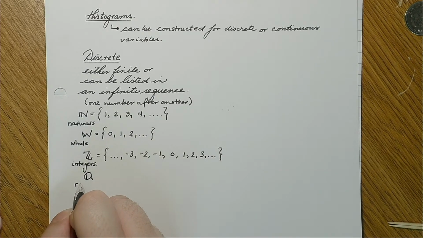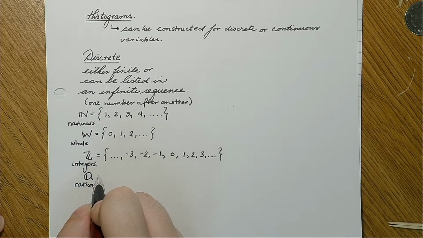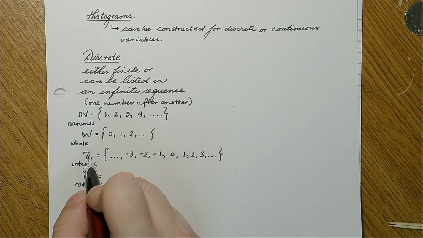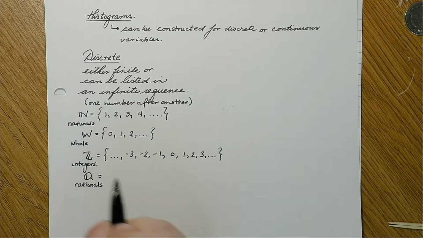We have Q for rationals. Q also was picked because of the word quotient from Italian. And Z was picked because it means number in German.